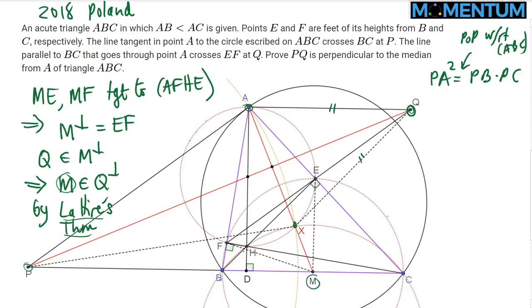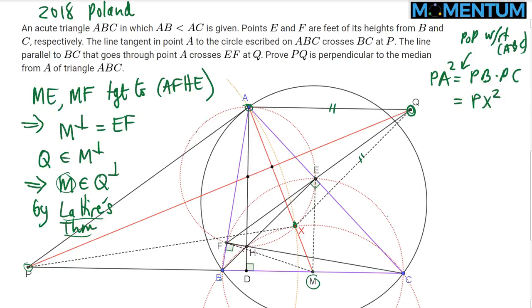It's terrible handwriting. But wait, PB times PC is simply equal to PX squared. Why? Okay, hold on, let me just see that. Yes, so this is simply equal to PX squared.